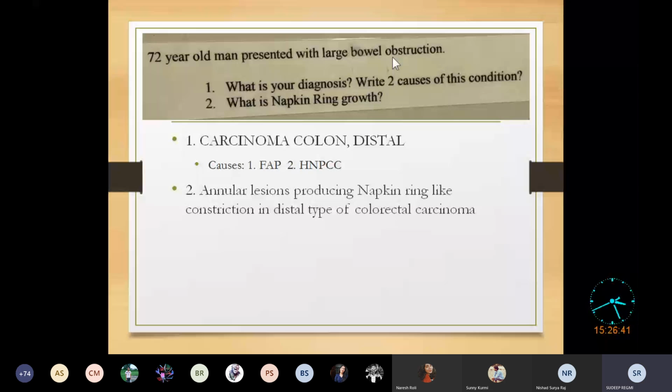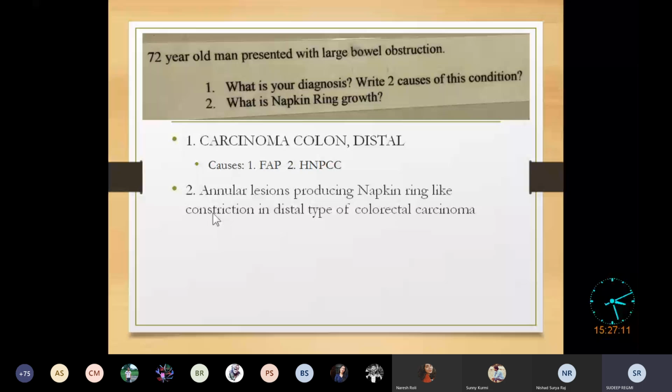If any patient has a carcinoma colon, it is better to have a distal type, so that they will have early large bowel obstruction leading to constipation, and then they will go to a doctor for an early check up. So what is the diagnosis? Write two causes of this condition, and what is napkin ring growth? This also you have to write. I hope you can write this.